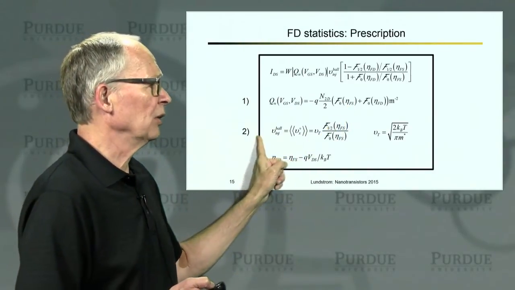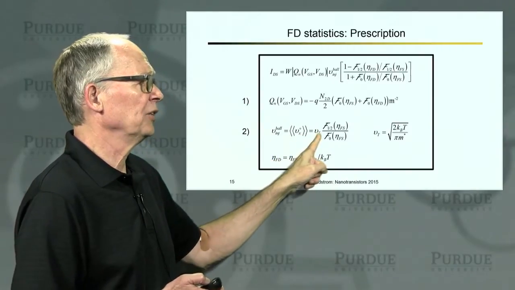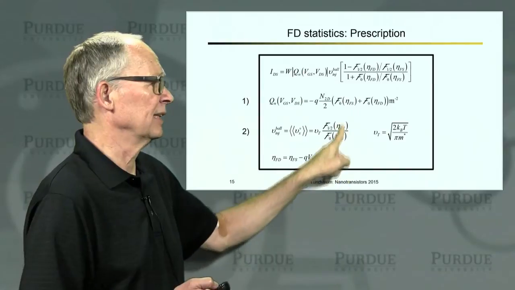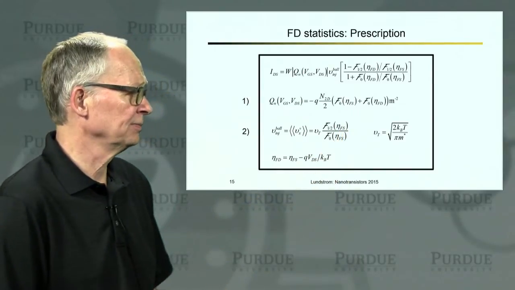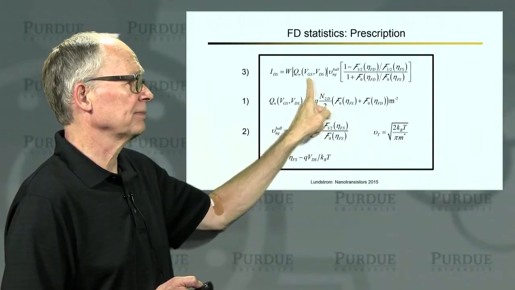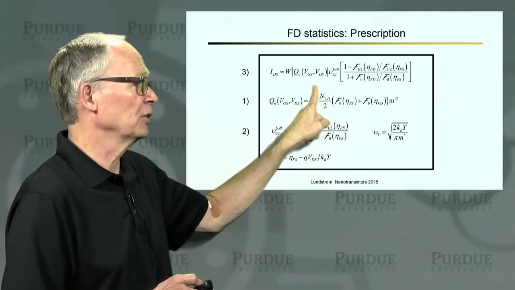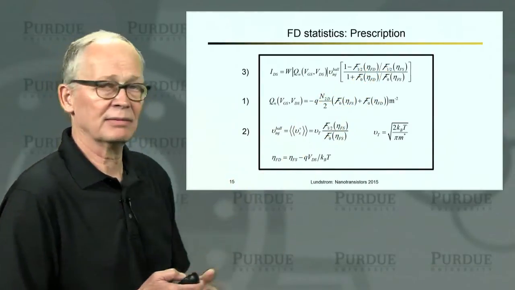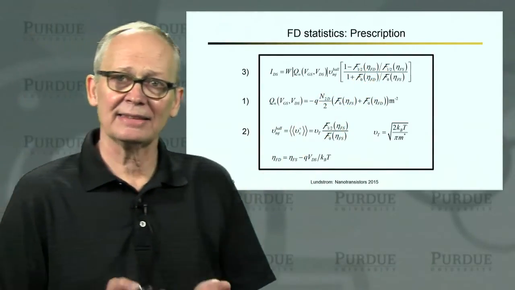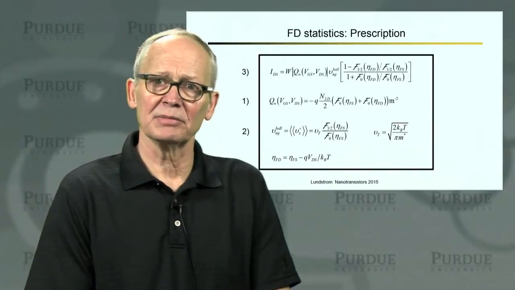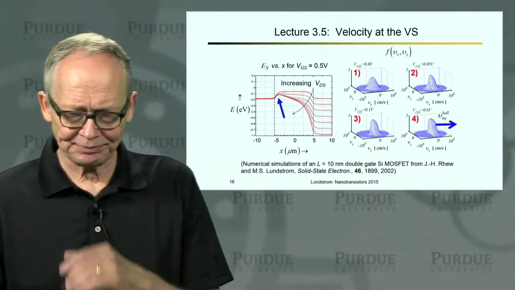Once we know the location of the Fermi level, we can solve for this ballistic injection velocity. It depends on this ratio of Fermi-Dirac integrals. Once we have that, we can evaluate our current at this particular set of voltages. We know the charge, we've deduced the Fermi levels, so we can calculate everything that we need. That's the prescription that we would use to calculate the IV characteristics using Fermi-Dirac statistics.